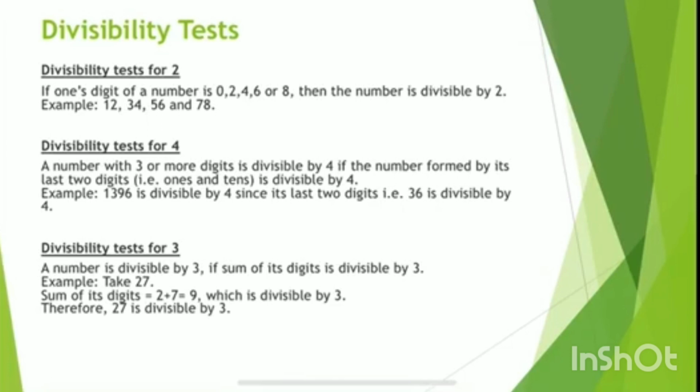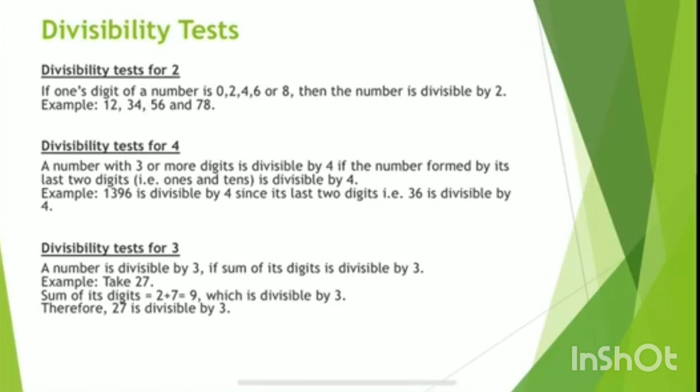Next is the divisibility test for 4. A number with 3 or more digits is divisible by 4 if the number formed by its last 2 digits, that means the digits at its ones place and tens place, is divisible by 4.